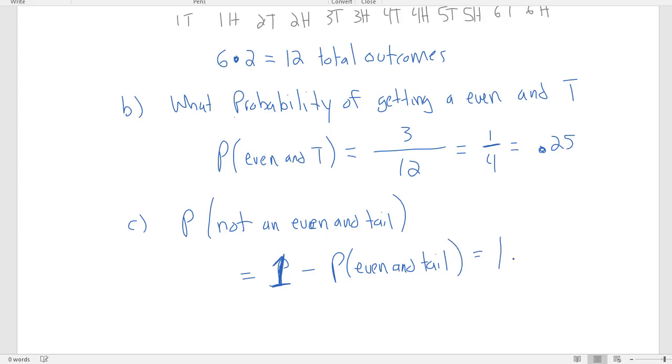I know that the even and a tail, we reduced to 1/4. So I have 4/4 minus 1/4, which is 3/4. In decimal form, 1 minus a quarter is 0.75. So that's the probability of not getting an even and a tail.